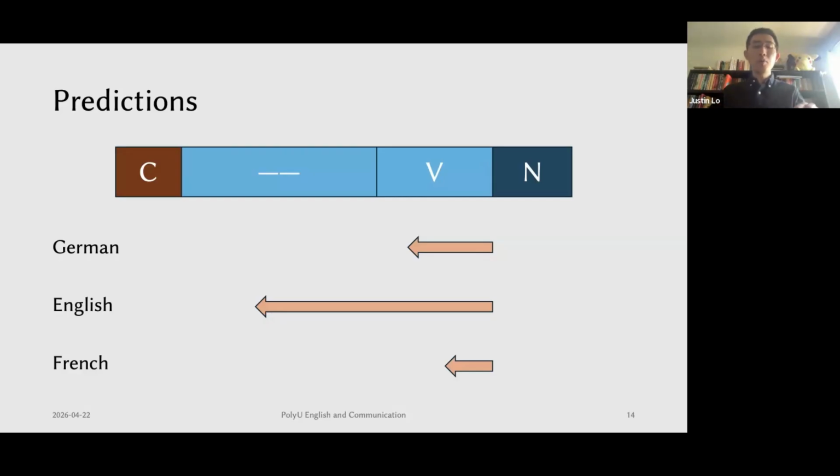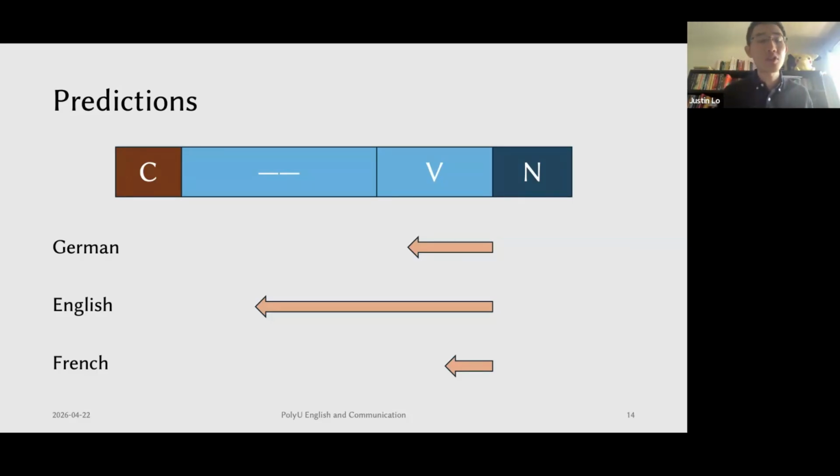So you would want to avoid that by using not so much co-articulation, keeping the contrast between nasalized oral vowels and nasal vowels as distinct as possible. So we predicted that French would have minimal co-articulation.